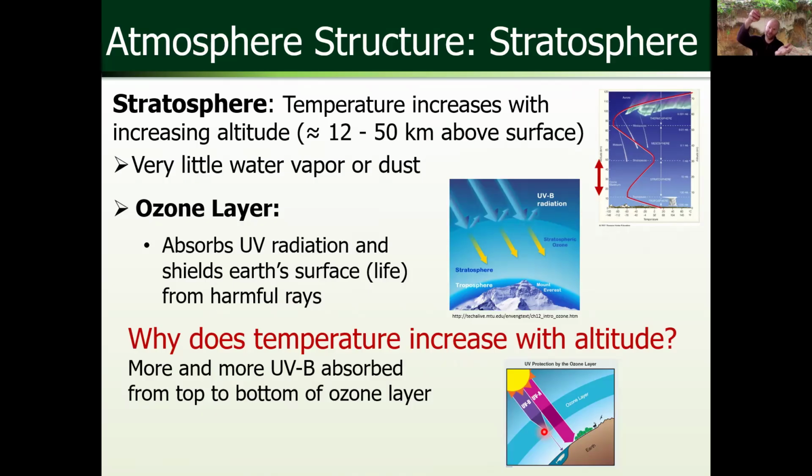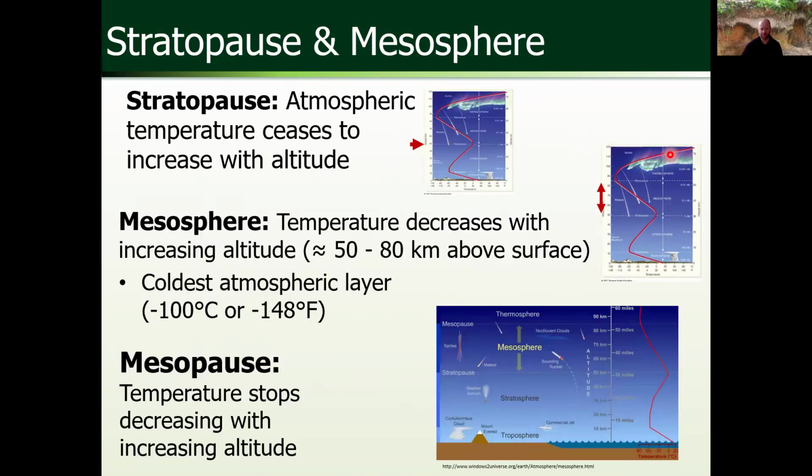And so there's less and less energy being absorbed as you go down into the stratosphere. That's why there are the highest temperatures near the top and the lowest near the bottom, producing this temperature profile.